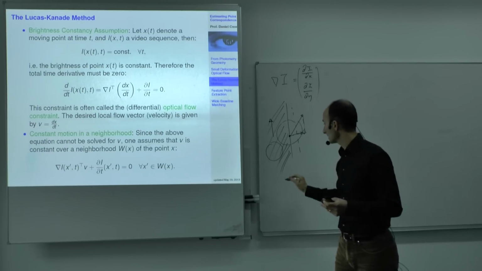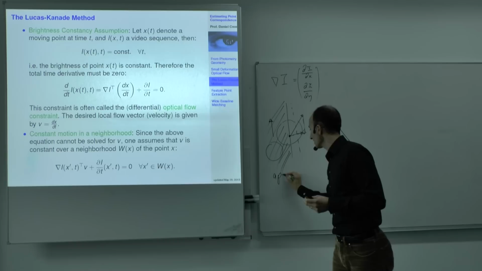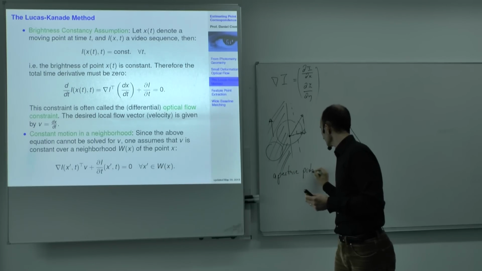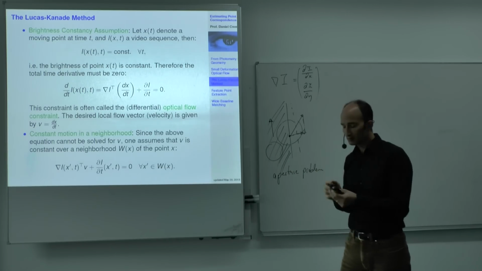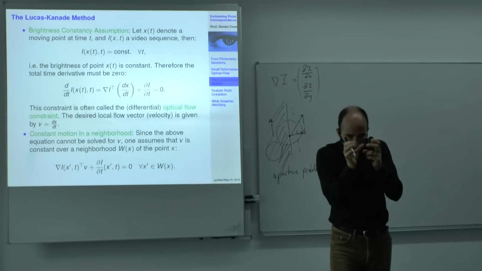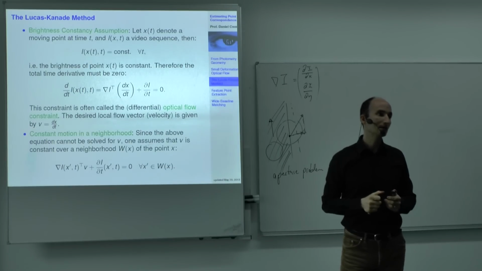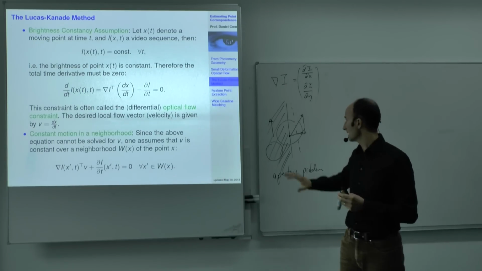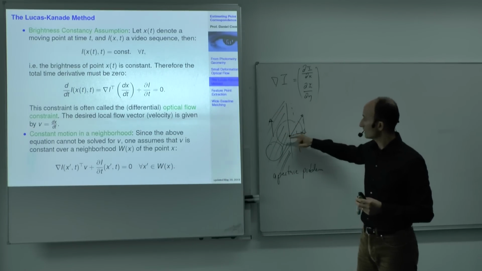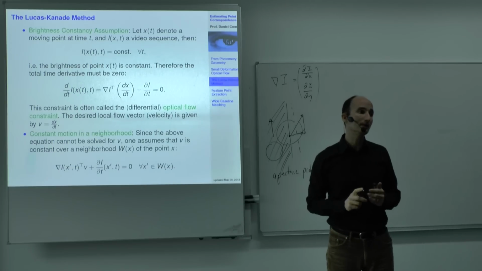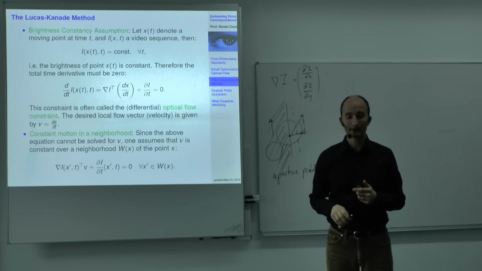And this problem, we'll get to it a little later, is called the aperture problem. It's a very important problem because it tells us, by looking up close, how much we can actually estimate. And it tells us that if we have a gradient only in one direction, then we will only be able to see motion in that direction.